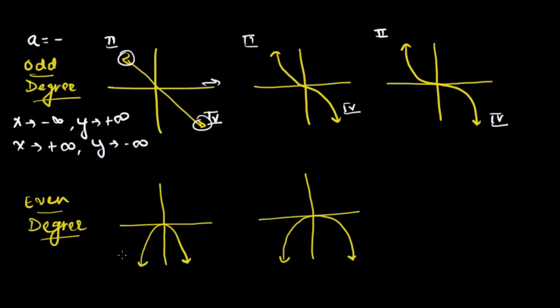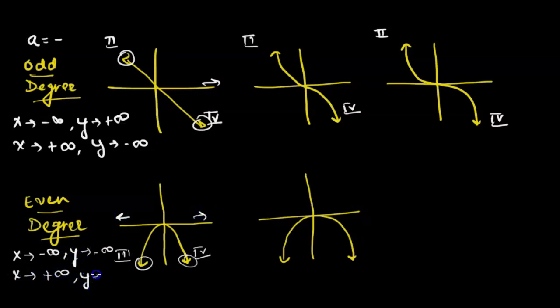For even degree functions, it lies in the third and fourth quadrant. Therefore, when x approaches negative infinity, y approaches negative infinity, and when x approaches positive infinity, y still approaches negative infinity. So we would always notice general end behaviors for odd degree functions and even degree functions depending upon if the leading coefficient is positive or negative.